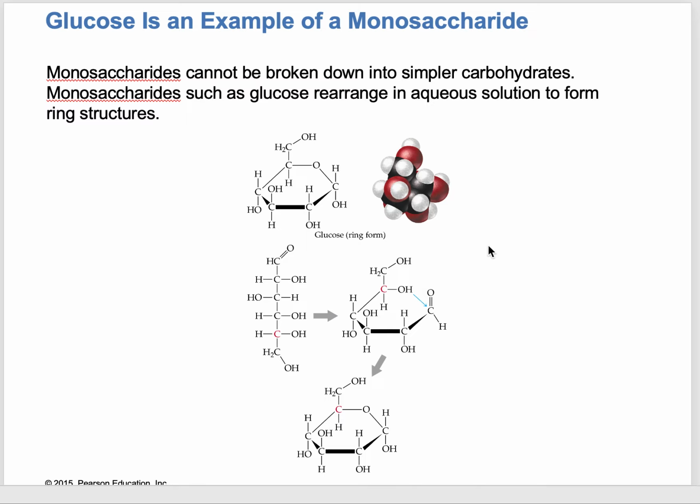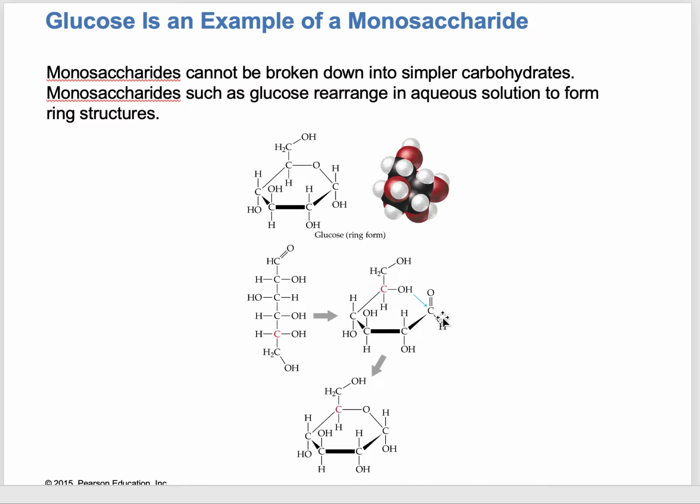What you just saw was the straight, open structure of glucose, but in reality that's not very stable, so it has to be protected somehow. It's a pretty smart molecule. It wraps itself up. What you see here, the OH on the carbon labeled red will turn around and connect to carbon number 1.